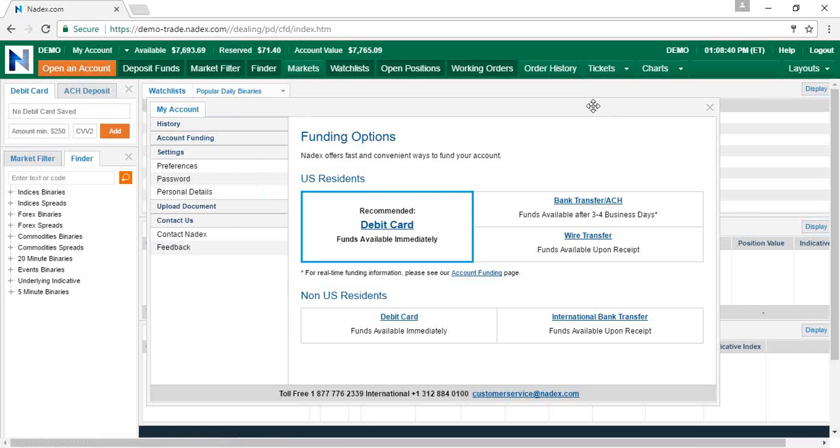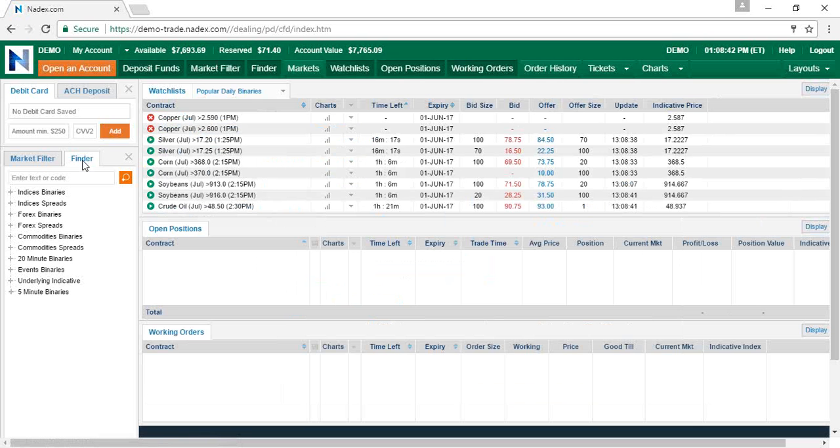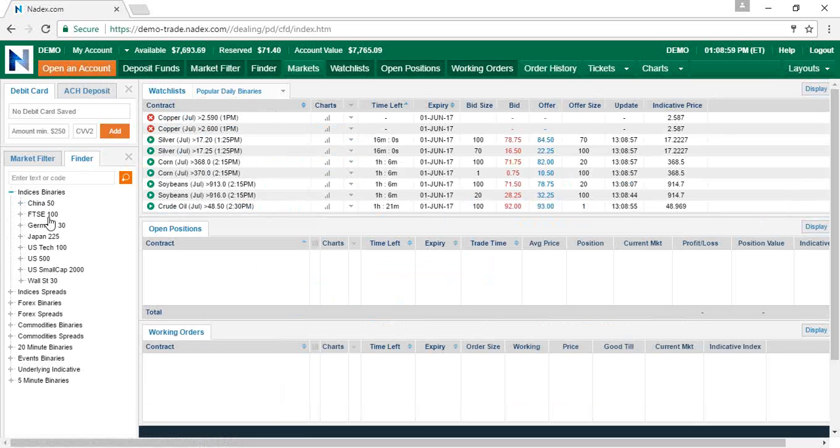The demo account is great because it allows you to get familiar with Nadex and the Nadex platform, and go through all the different options that Nadex offers you: the different instruments and expirations, how to open tickets and submit orders. It's a great place to get familiar with the platform with demo money as opposed to live money.